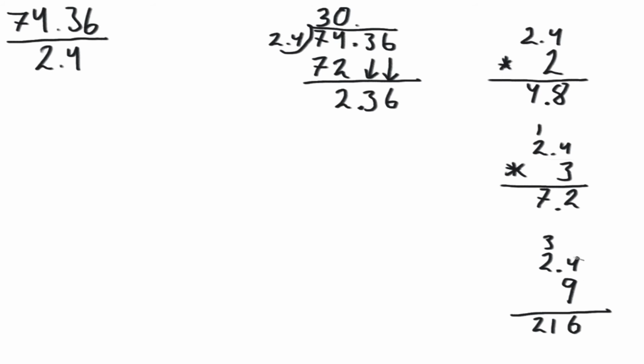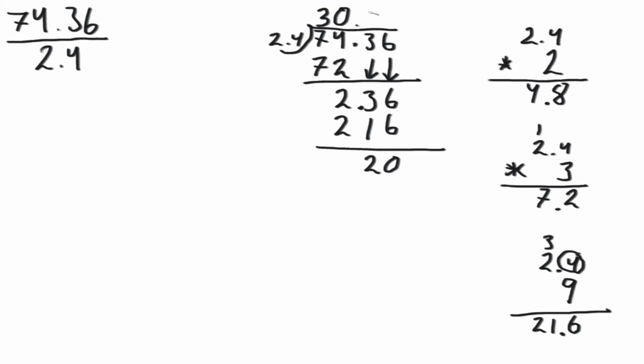And how many decimal places? We have 1. So 9 times 2.4 is 21.6. So that's less than 23.6. So we get 216. Subtract this here and get 2.0.